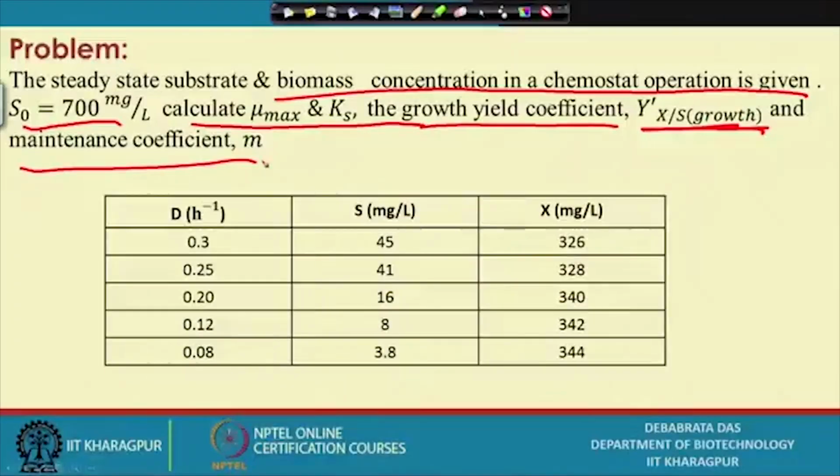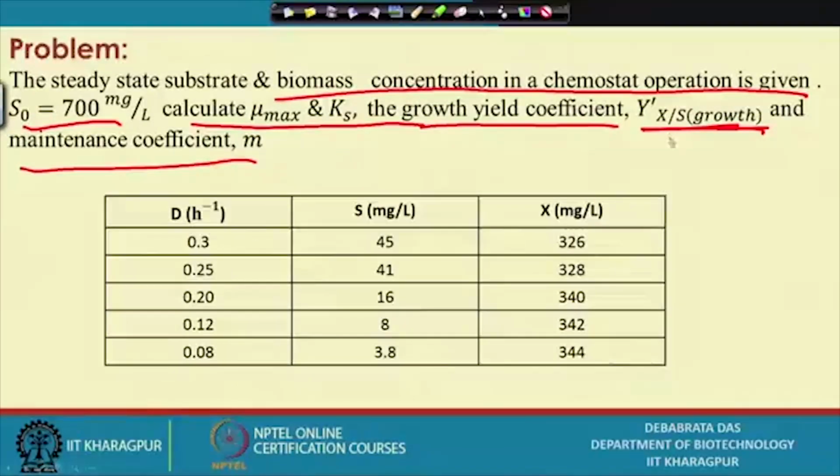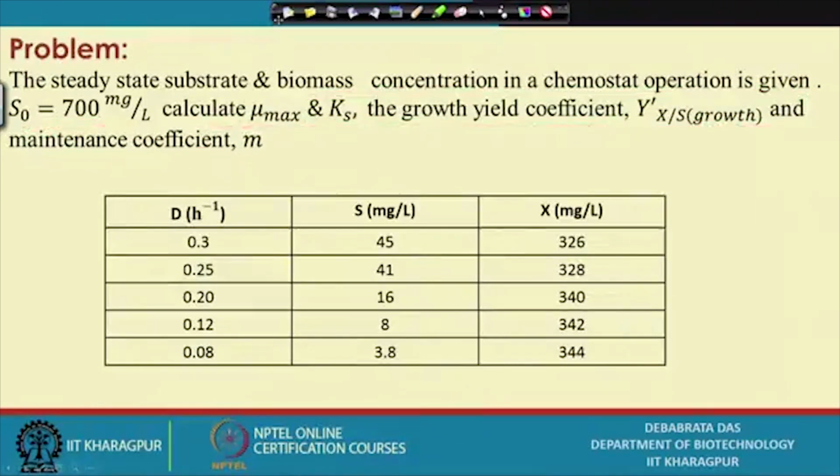But when we consider the true growth yield, then the product only goes for cell mass formation, because it is not used for maintenance or product formation. That is called true growth yield. So the question comes, how can you calculate the true growth yield and the maintenance coefficient? We have not discussed this yet. Let us see how we can solve this.